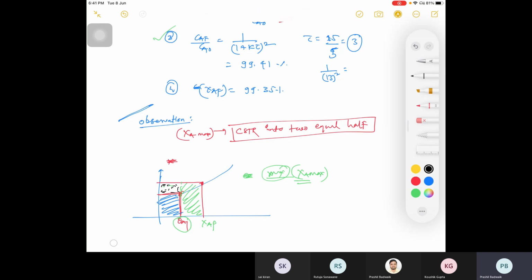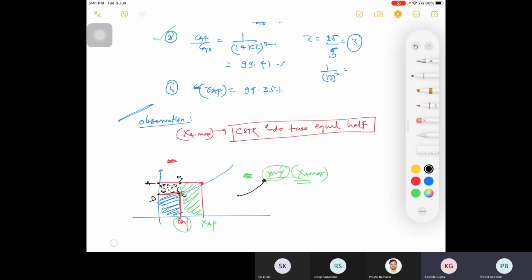So what you need to do for this area ABCD in order to have maximum conversion? Minimize ABCD area. ABCD should be minimized or maximized?